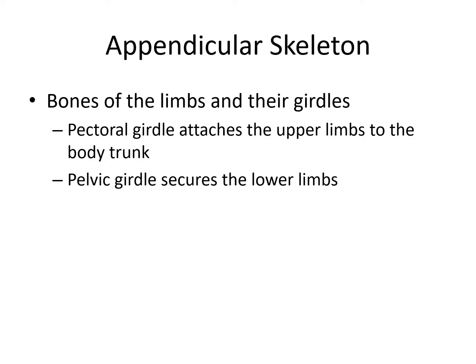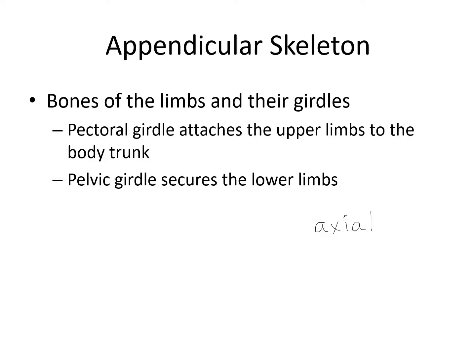Okay, let's move on to the appendicular skeleton. Recall that there are two main divisions of the skeleton. The first division that we have covered is the axial, and that's going to include the skull, the vertebral column, and the thoracic cage.